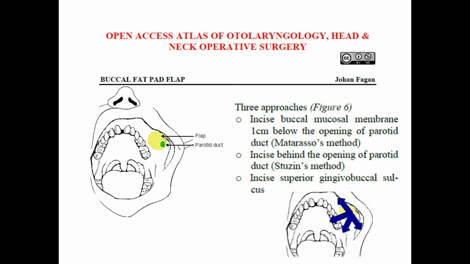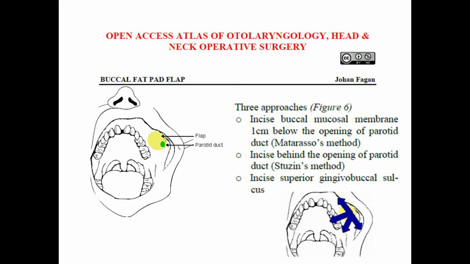According to the scientific literature in the open access atlas of otolaryngology, head and neck operative surgery, there are 3 approaches to get the buccal pad of fat as a flap. We can incise the buccal mucosa 1 centimeter below the opening of the parotid duct, called the Matarazzo method, or incise behind the opening of the parotid duct, called the Tuzin method, or incise the superior buccogingival sulcus.